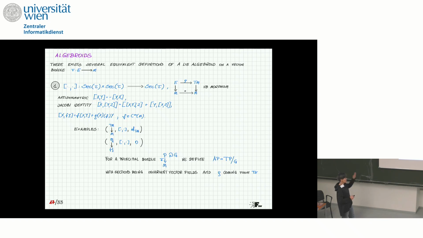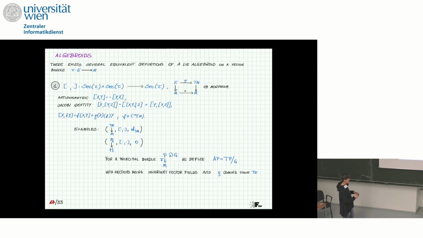Another example, on the other extreme, is we can take a finite dimensional Lie algebra. We are in the finite dimensional setting here, treated as a bundle over a one point manifold, and take the bracket and take the zero map as anchor, assuming that the tangent bundle of the one point manifold contains only one vector, which is the zero vector. So this is another example.